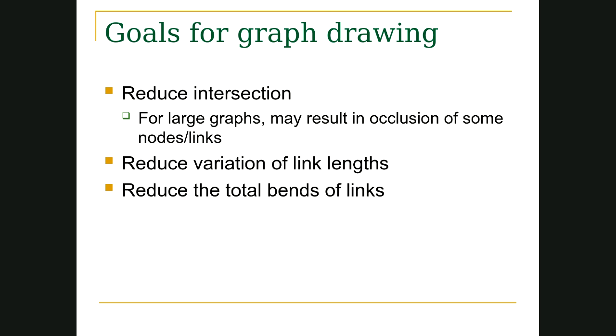So principle number 1, reduce intersection of links. Why? Because it becomes like a hairball. If I try to reduce intersection and get as few intersections as possible, then it makes it easy to read. So here is one representation I have.